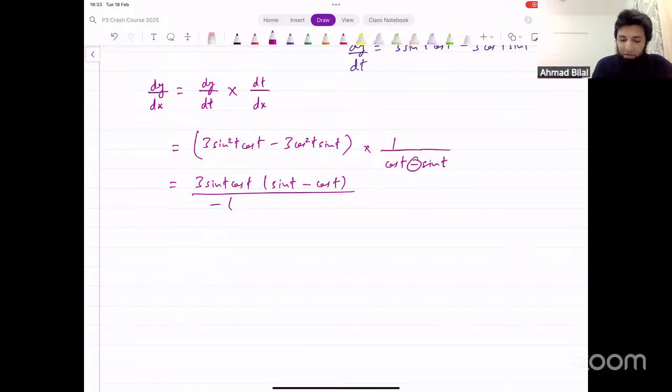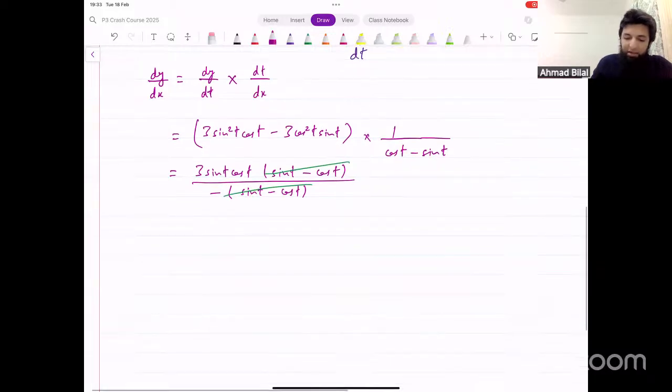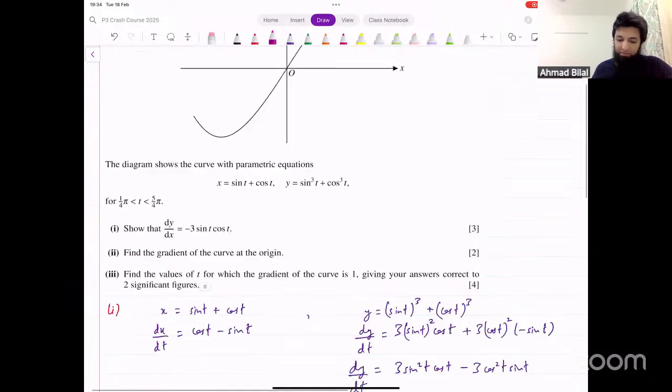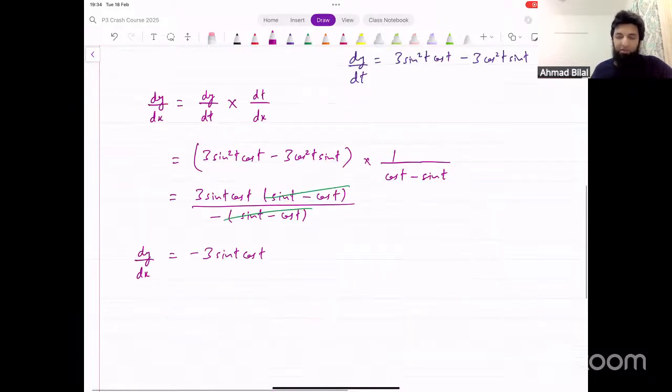If I take minus common, inside the bracket, I would be left with sine t minus cos t. And then this thing and this thing, they can get cancelled. We have minus here that goes to the numerator, and we get minus 3 sine t cos t. That's what we wanted to prove. Dy over dx equals this. That's the first part. Make sense?